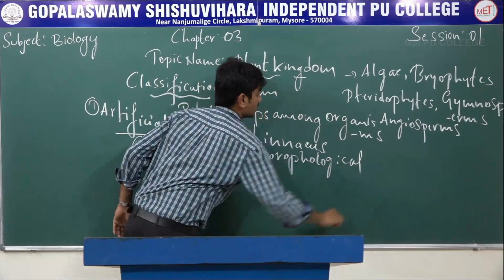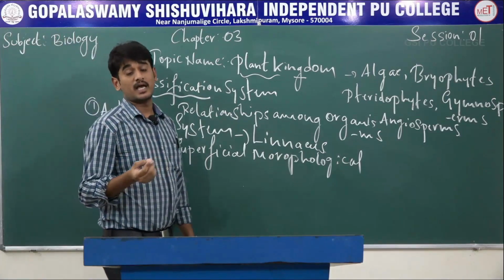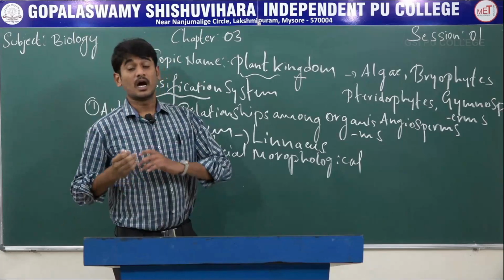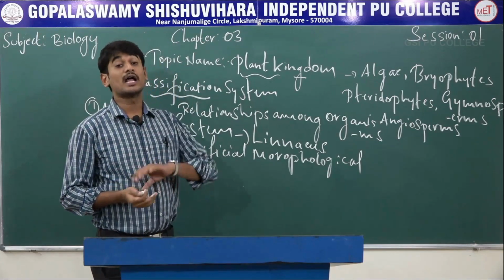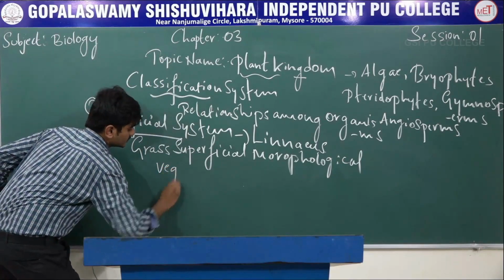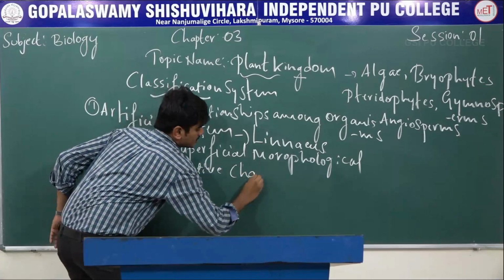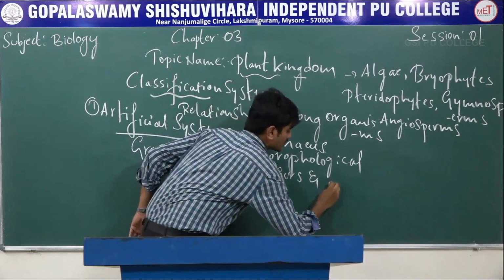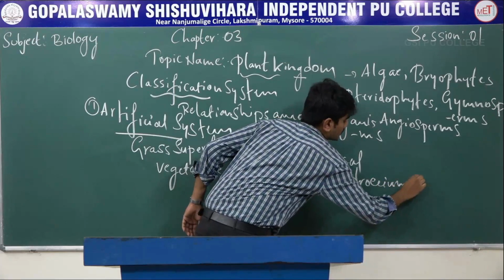Morphological characters like habit, leaves, color and shape of leaves, and also some vegetative characters and androecium structure.